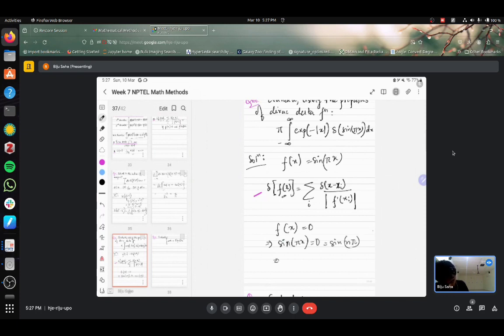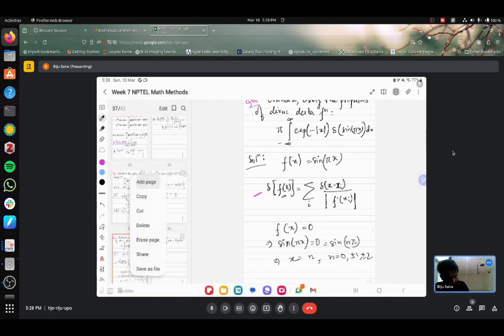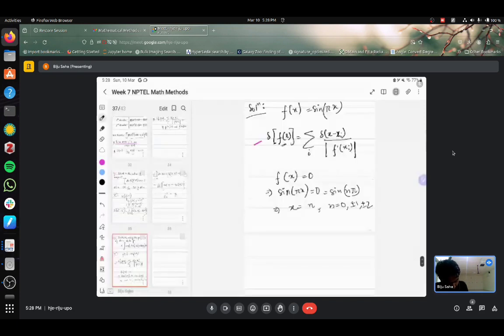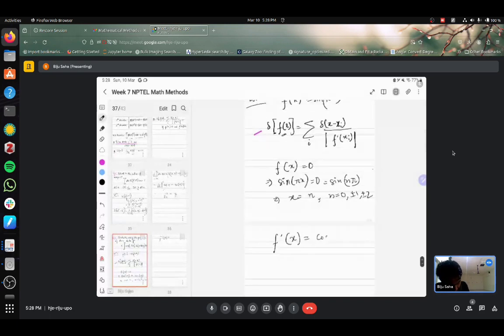So your x is equal to n, where n goes 0, ±1, ±2, and so on. And let's calculate the first derivative. First derivative is cos(πx) with π in front.